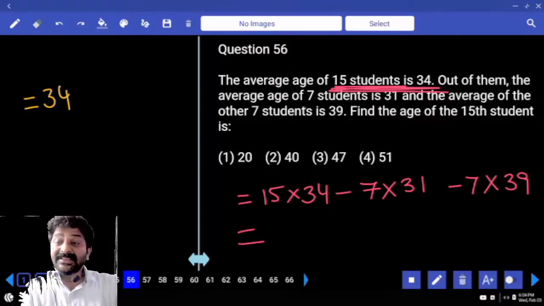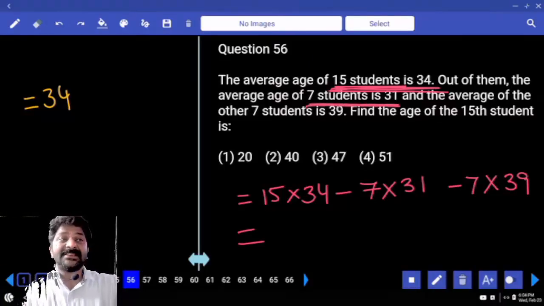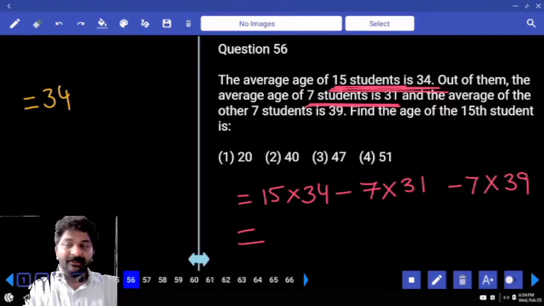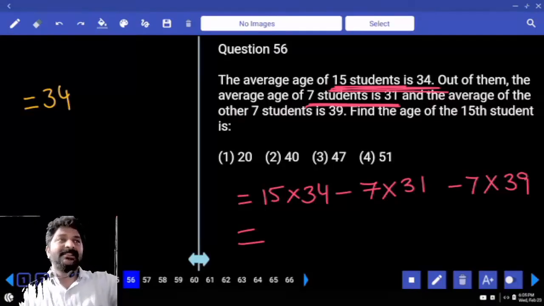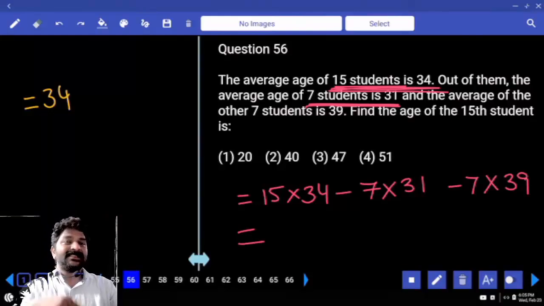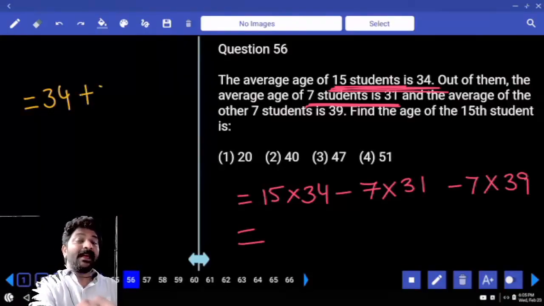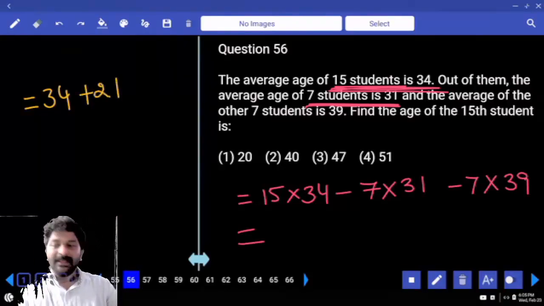But 7 members whose average is 31. With respect to original average, 31 is 3 less. Like that 7 numbers are there. That means 7 into 3, 21 less. As it is reverse effect, we have to add 21. Next 7 members average is 39.